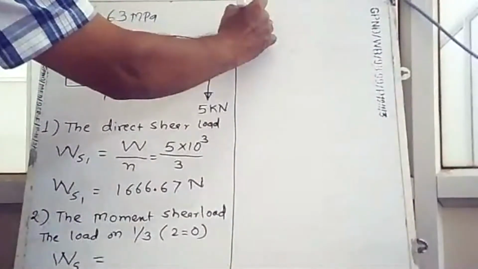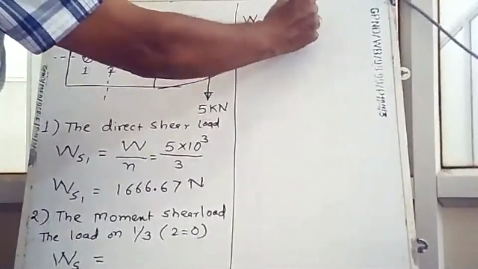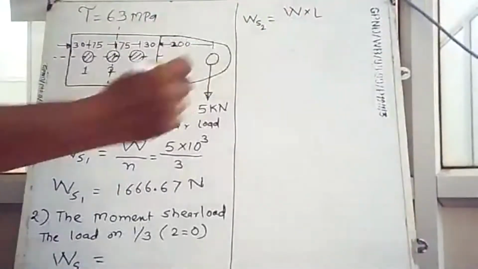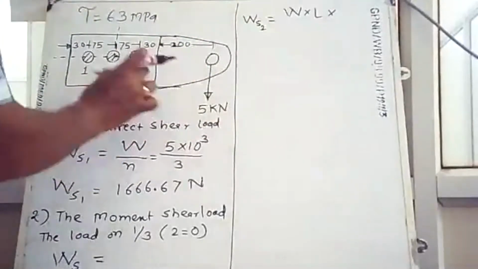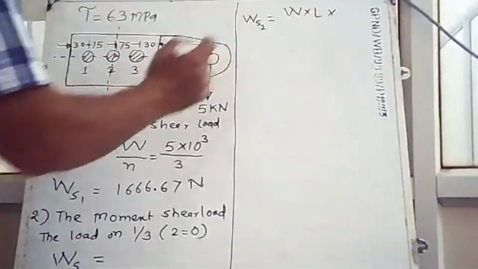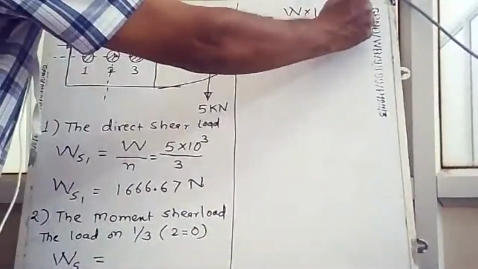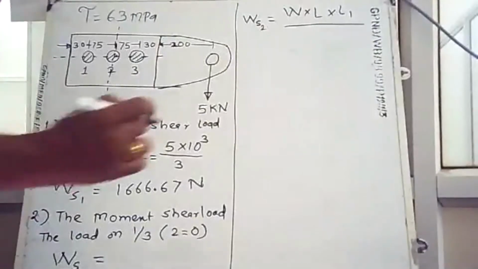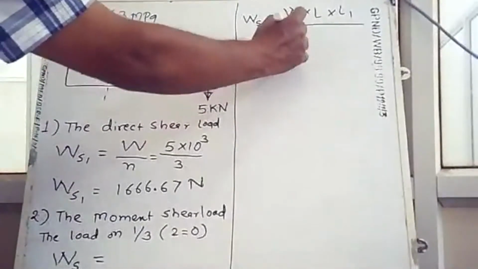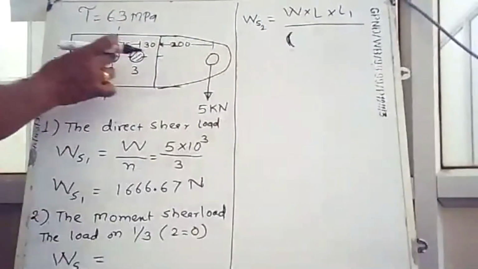So ws2 equals whatever moment, W into L, multiplied by whatever distance for this first or third, so that is L1, divided by whatever radiuses.